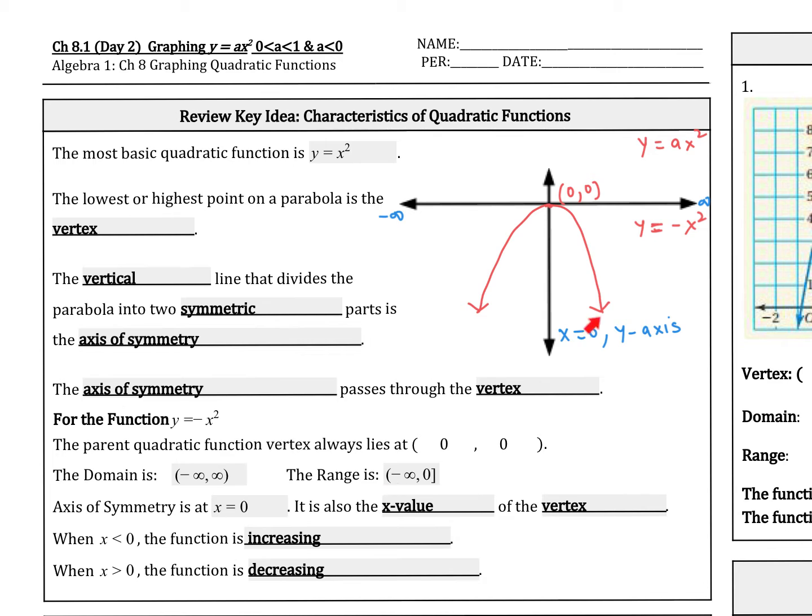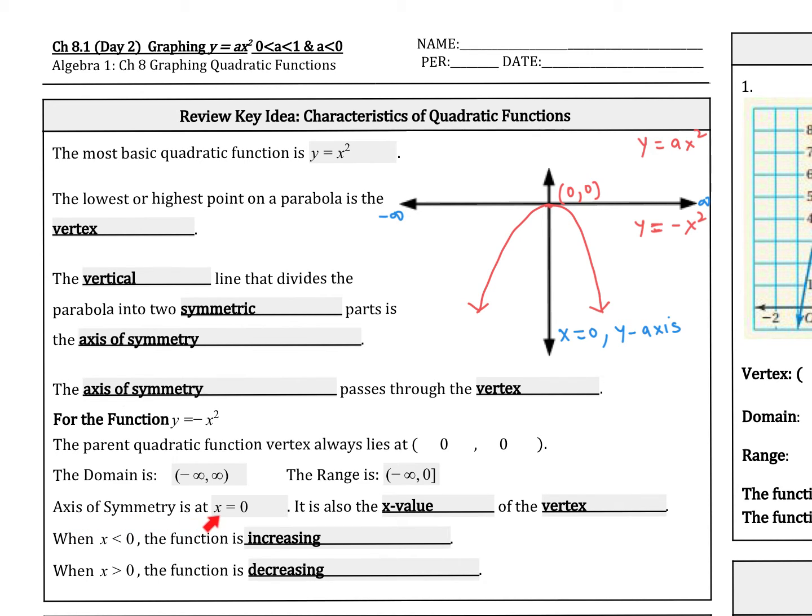Negative infinity from the bottom to this, from negative infinity to 0. Whenever we write an interval, this part is always the lowest one, and this is the highest point. So the lowest point for the y value is negative infinity. Highest is 0.